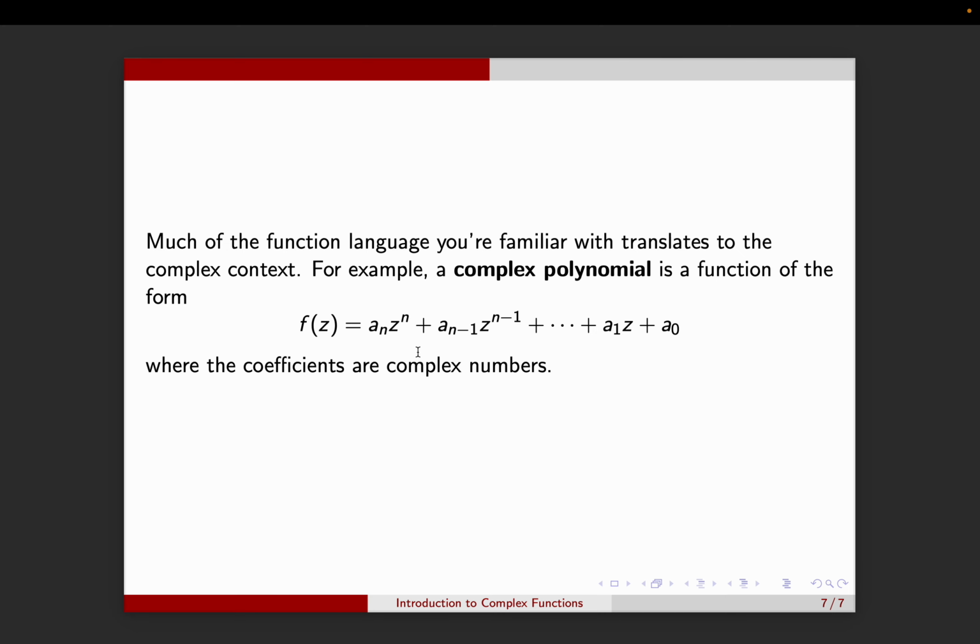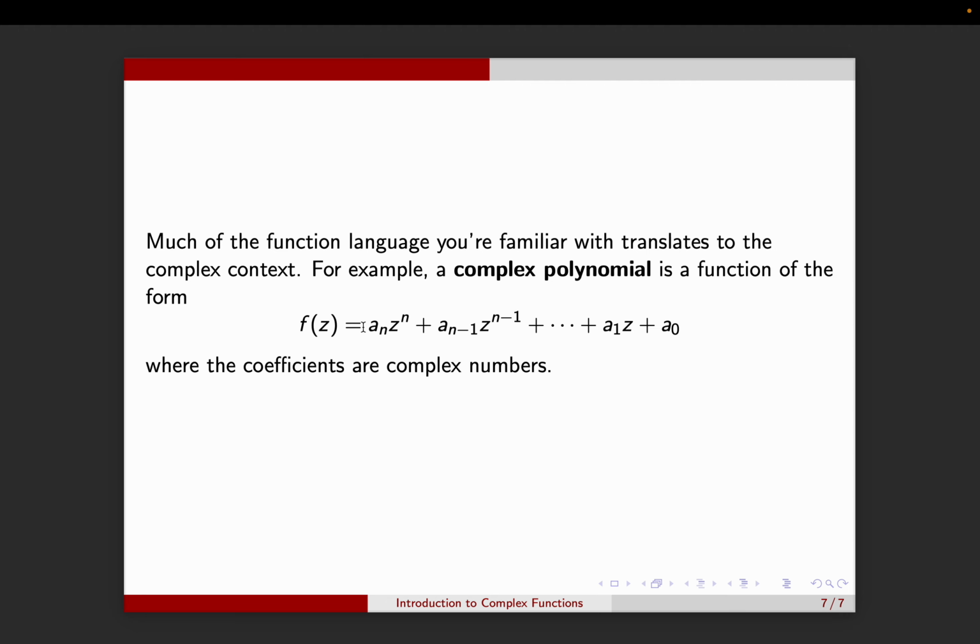In Algebra 2, a polynomial for you was defined like this, but instead of a z, there was an x, and a_n, a_(n-1), and so on were real numbers. Now the a's are complex numbers, but this is exactly what you would expect if you were to define a polynomial for the complexes. Other things like rational functions are the same deal. A rational complex function is simply a ratio of complex polynomials, things like that.